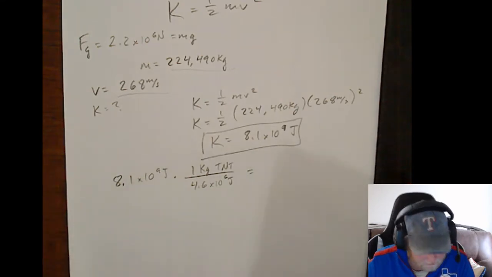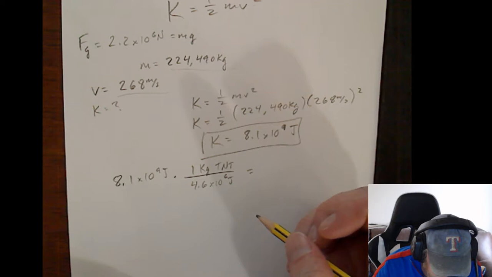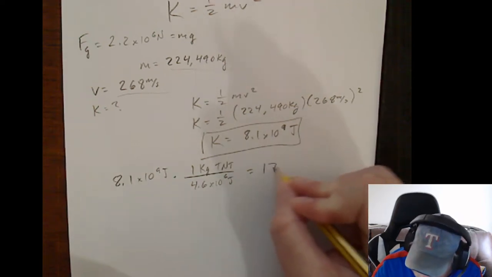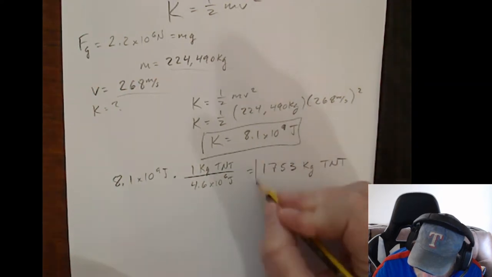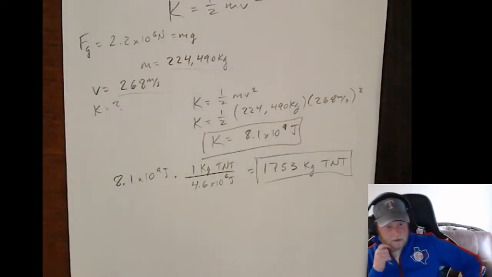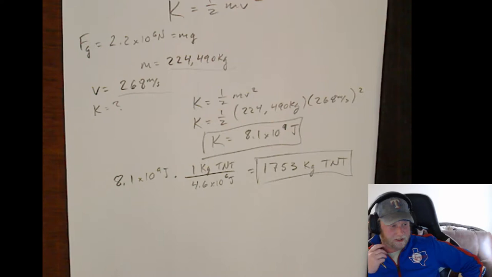Then that roughly comes out to 1,753 kilograms of TNT. So remember again, you can always use dimensional analysis if you're given any sort of ratio comparing two things.